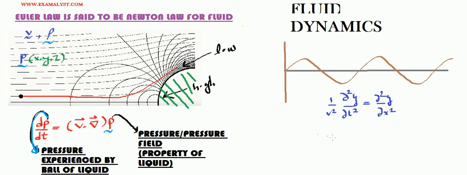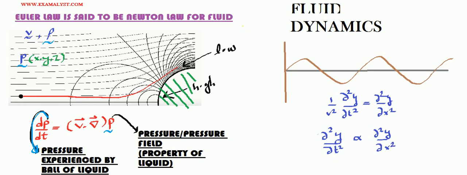Okay, so let me make this a bit interesting. We know that v is constant, so I can write d square y divided by dt square is proportional to d square y divided by dx square.